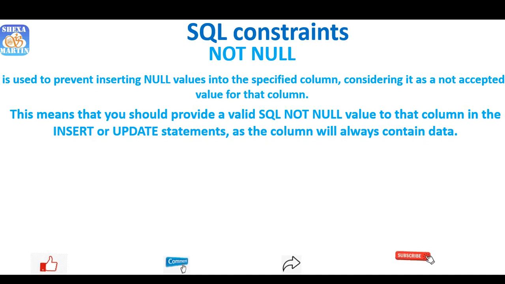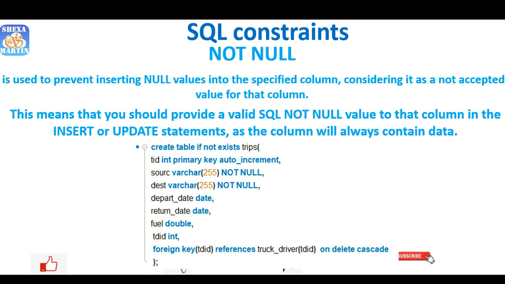So when you write an insert command, maybe from Java, or from PHP, or from any other language, and you want to pass it to your MySQL database, you must have a value for that column with the not null constraint.